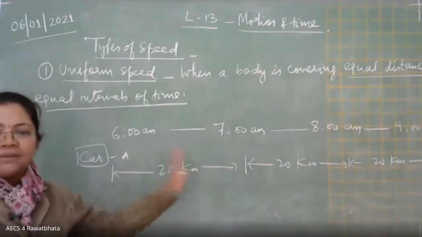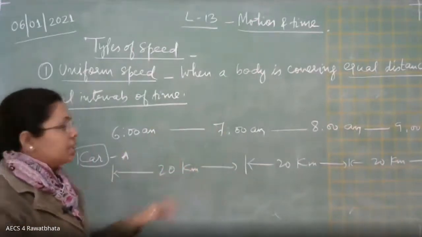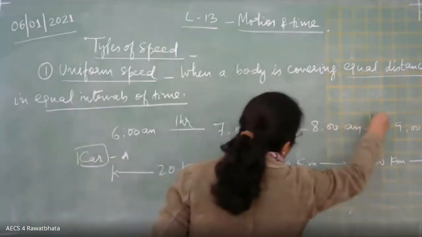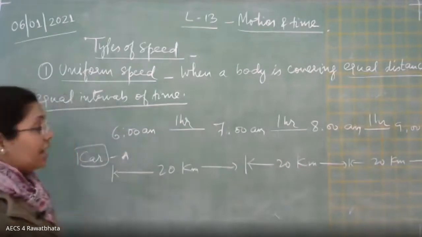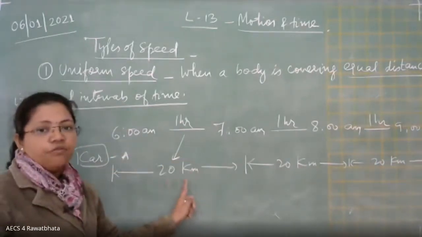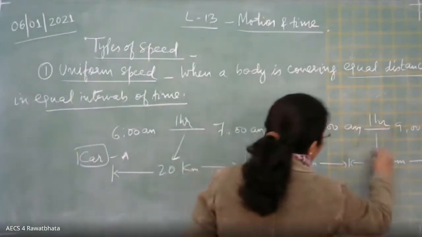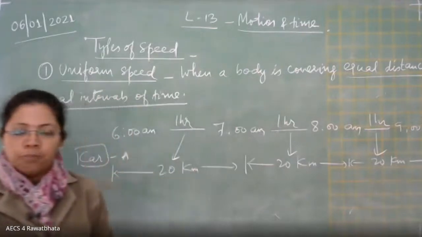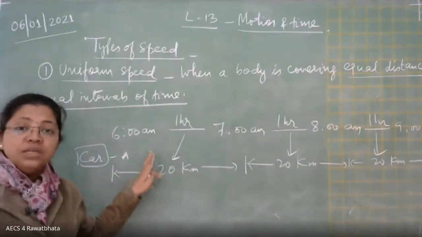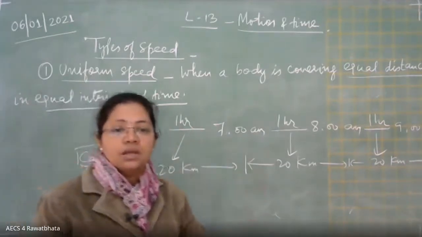So now can you just see that time equal intervals we are taking 1 hour. So here 1 hour, again here 1 hour, and again here 1 hour. And in every 1 hour, it is covering a distance of 20 kilometers. Similarly here 20 kilometers, here also 20 kilometers. So this car A is covering 20 kilometers in every 1 hour. ये हर एक घंटे में 20 किलोमीटर कवर कर रही है.